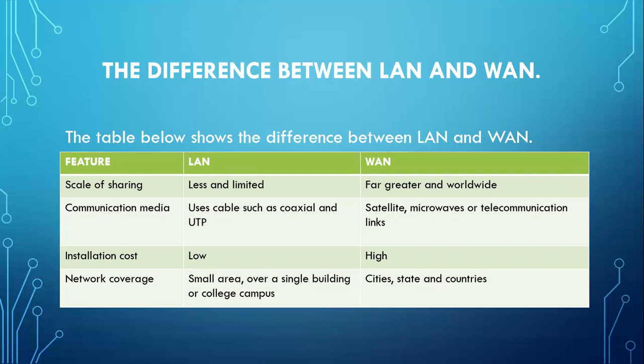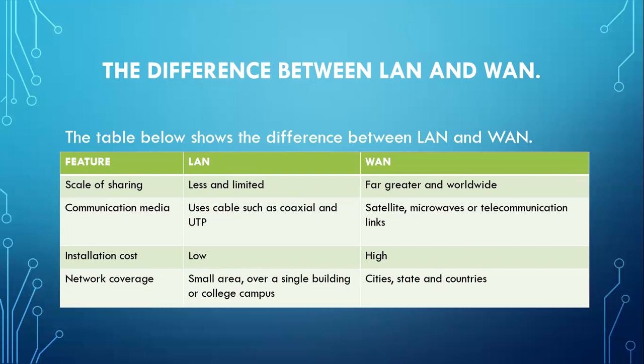It is limited to a small number of computers. The WAN is far greater and worldwide, meaning it has a greater scale of sharing within a large community of people, or simply worldwide.